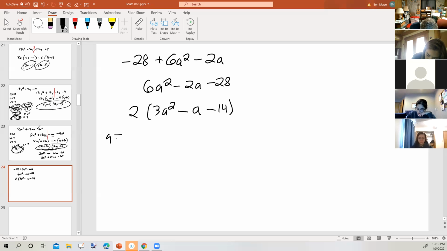Okay, so A is 3, B is -1, the coefficient of minus a is -1, and C is -14. The product is -52 and the sum is -1.